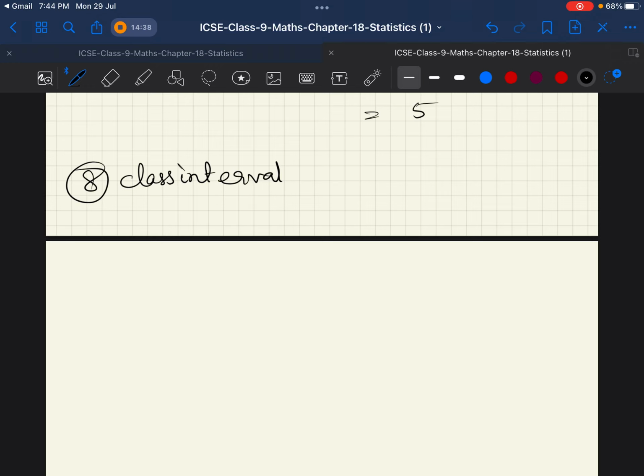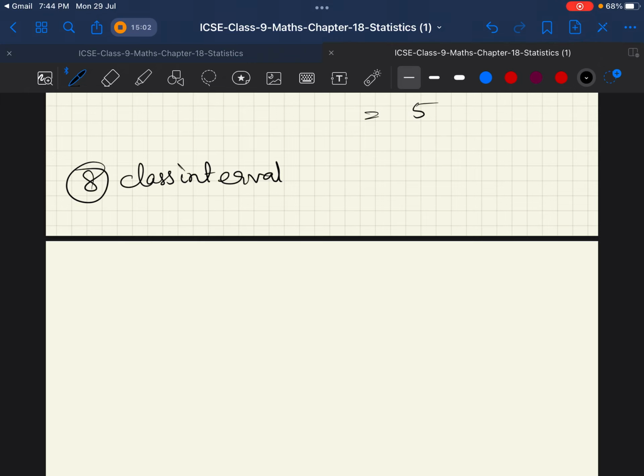Here the upper limit of the previous class and the lower limit of the next class coincide. That means this is the exclusive distribution.